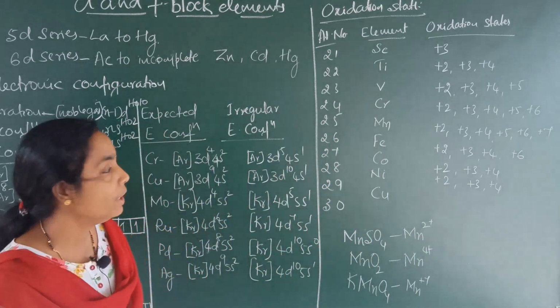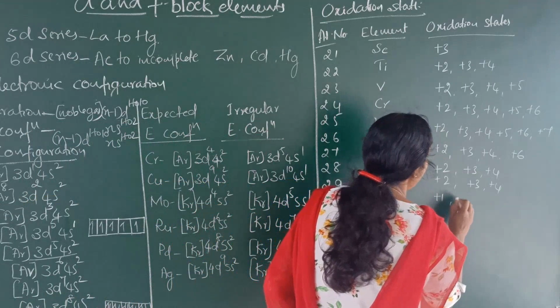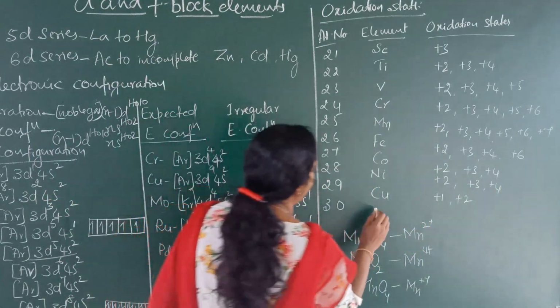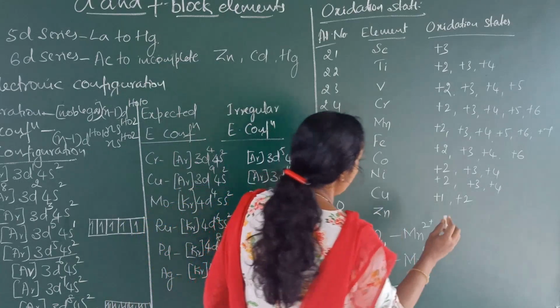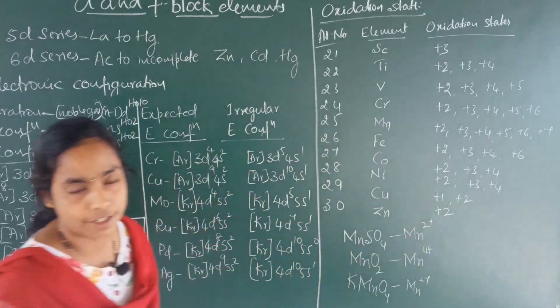Copper shows only 2 oxidation states, plus 1 and plus 2. Zinc shows only 1 oxidation state, that is plus 2.